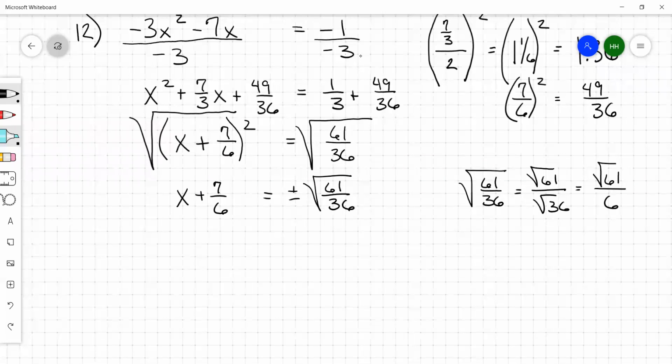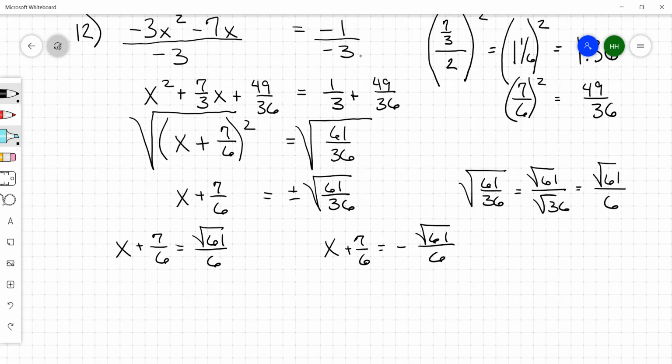So you got two equations to write now. All right, so we're going to go x plus 7/6 equals square root of 61 over 6, and x plus 7/6 again equals negative square root of 61 over 6. And then you got to subtract 7/6 from each side. So we got an x equal to negative 7/6 plus square root of 61 over 6.